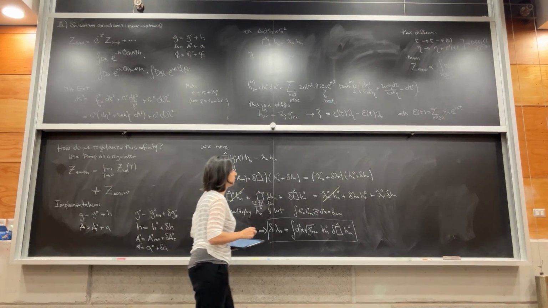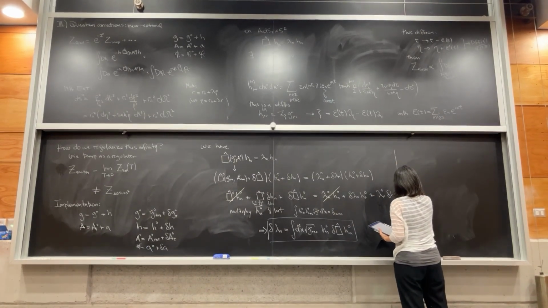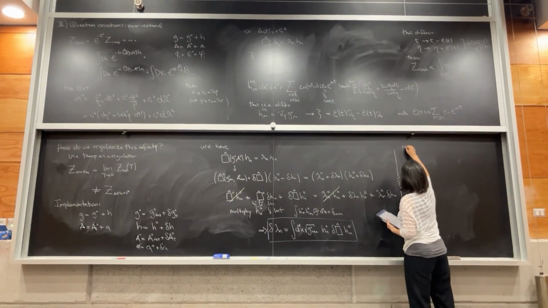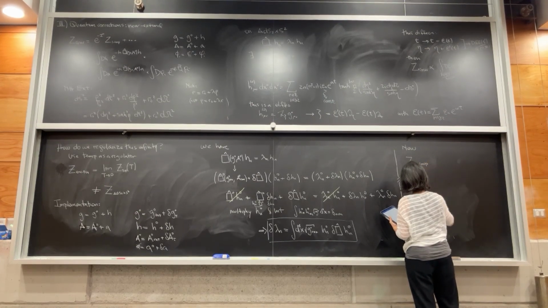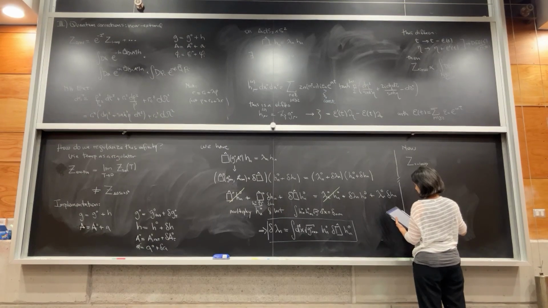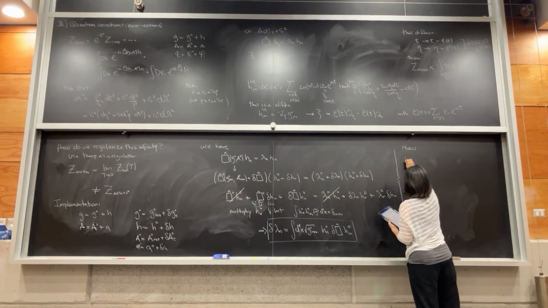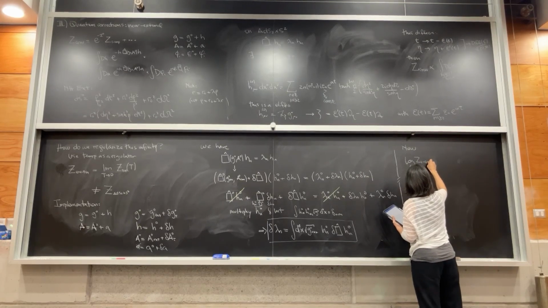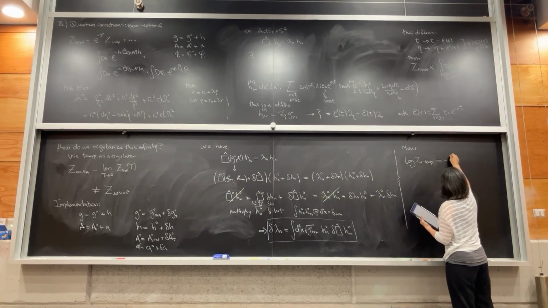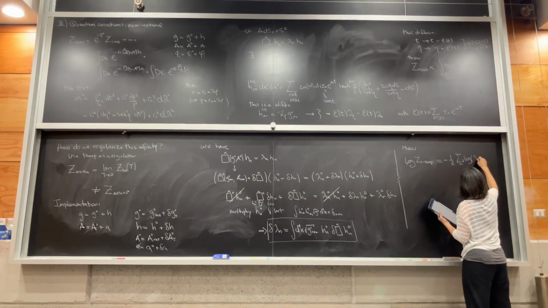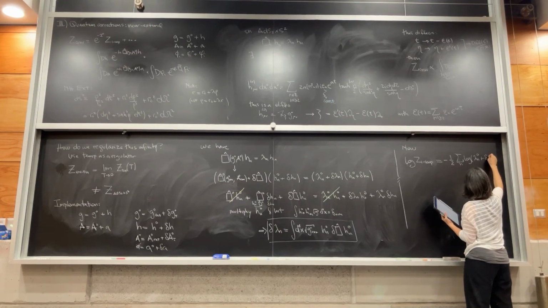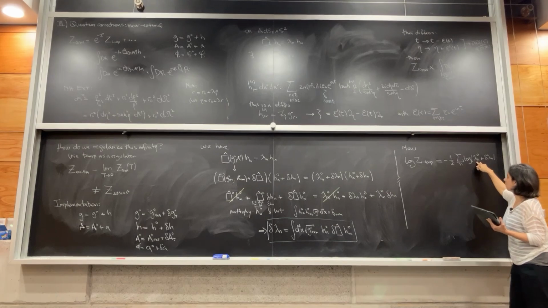Okay, so now if I compute the log of C1 loop, what's going on is that my one loop path integral gets corrected.